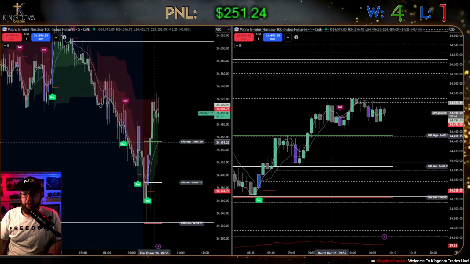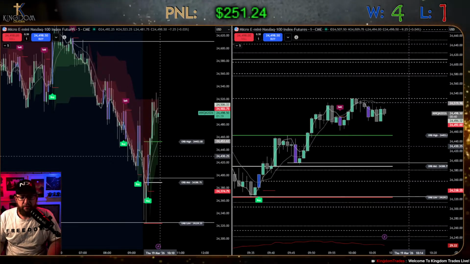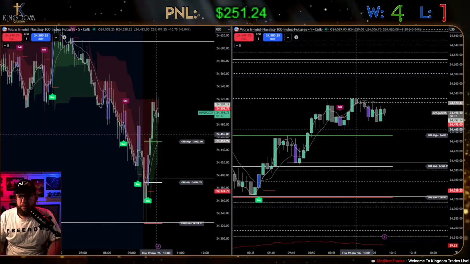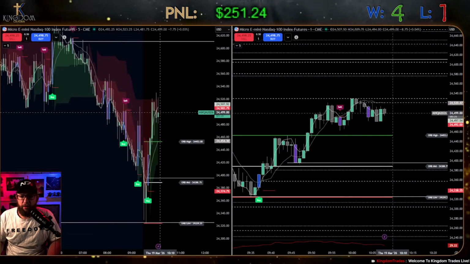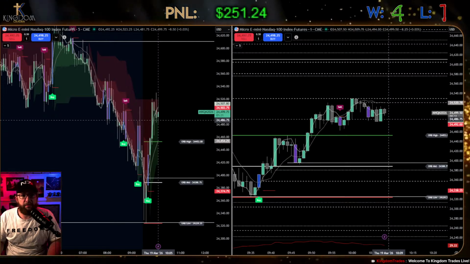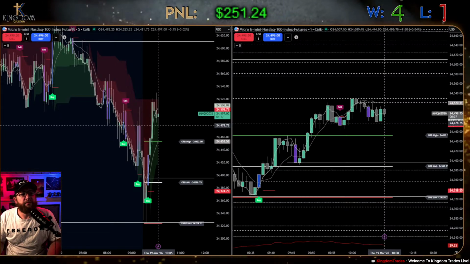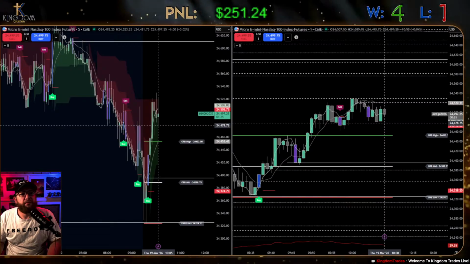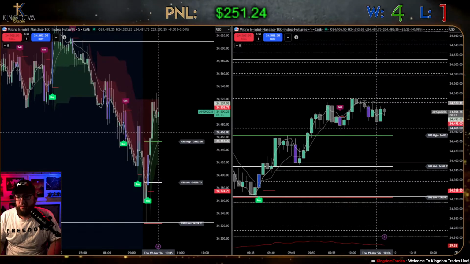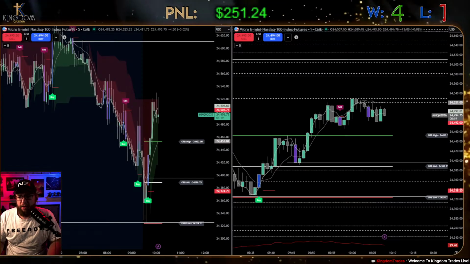But we're ranging pretty hard here on NQ. We are curling the 2 minute. SPX is still just sitting inside the range. 2 minute curl looks good.